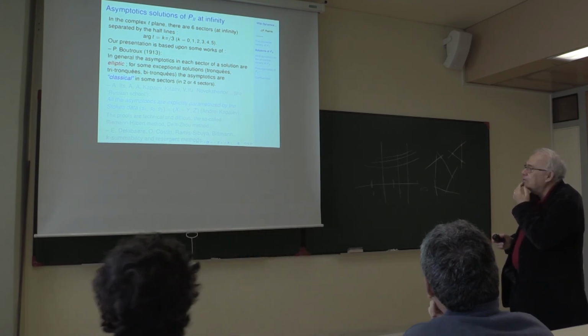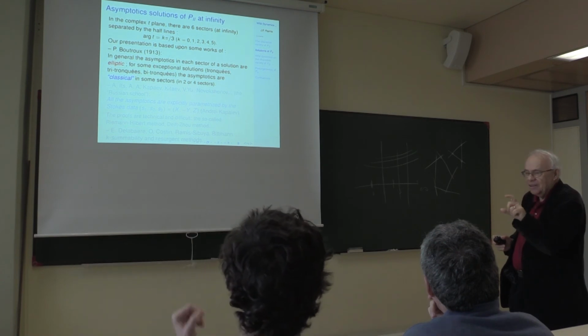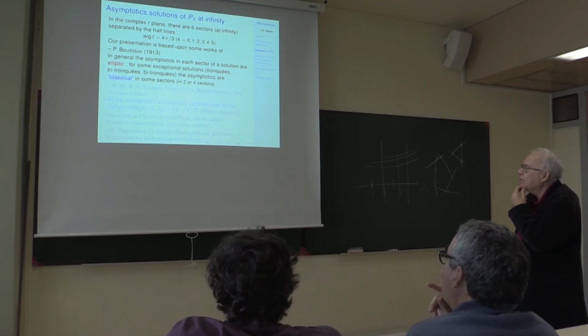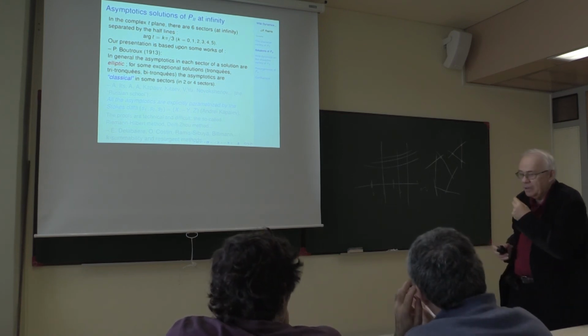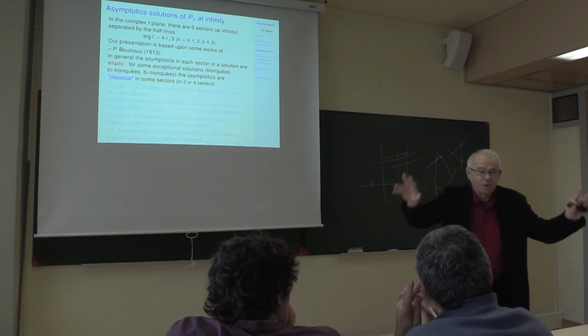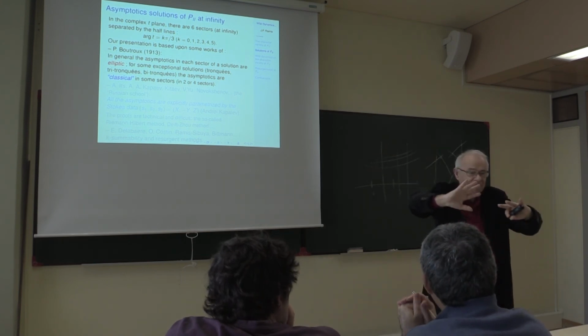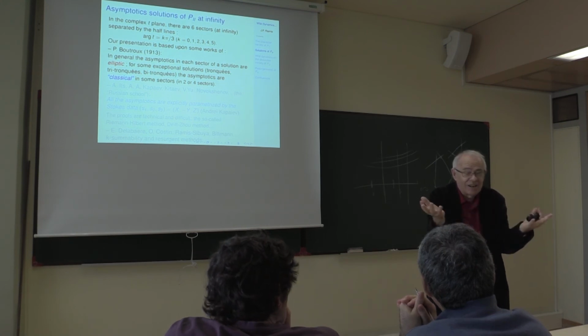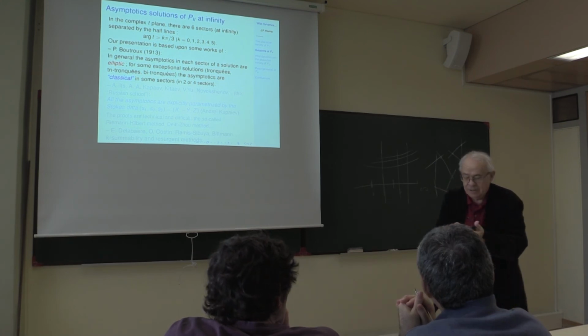There are 2 very long and complicated papers by Boutroux. Boutroux says that, in general, the asymptotics in each sector of a solution is elliptic. That is, in general, you have poles everywhere, and poles accumulate at infinity. So in general, you have no standard asymptotics.